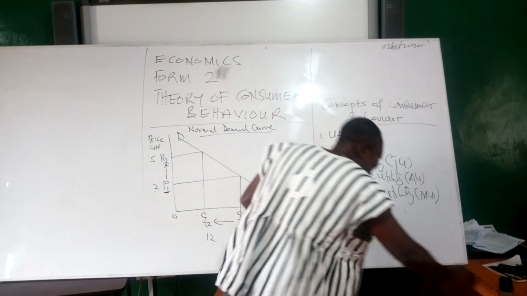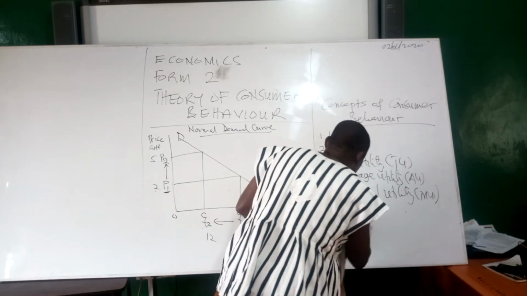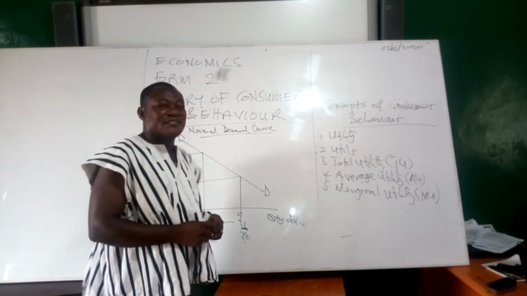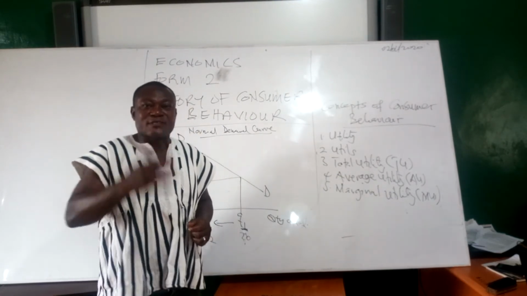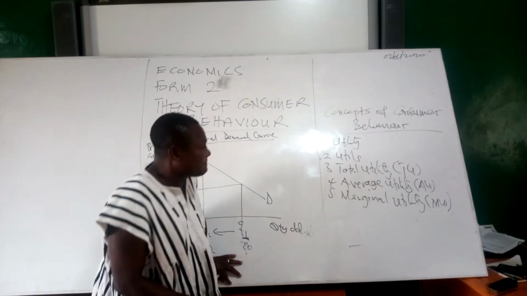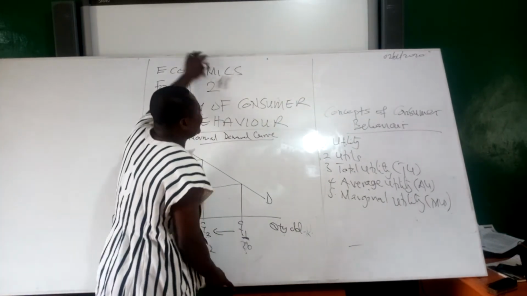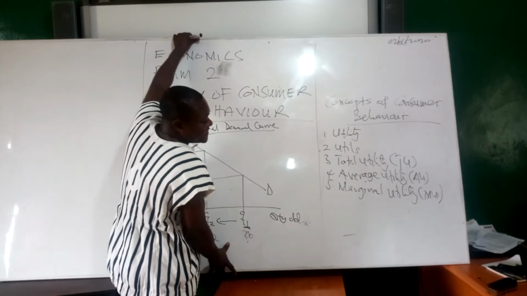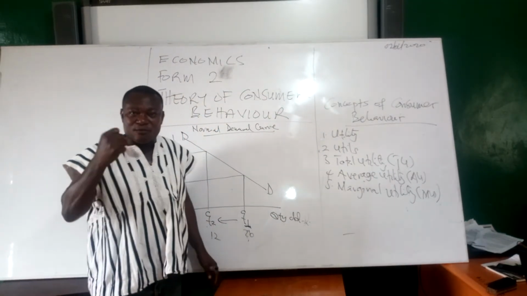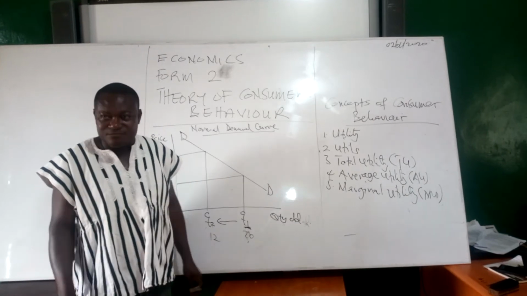The third point is total utility. What is total utility? Total utility is the total amount of satisfaction that the consumer receives for consuming a particular commodity.